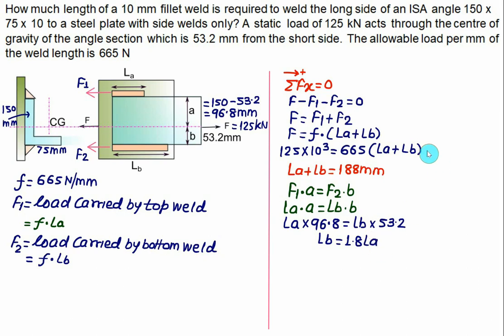So in equation 1, if I substitute LB as 1.8 times LA, we can find the value of LA. So we have LA plus 1.8 times LA equal to 188. In this case we get LA, that is the length of the top weld, close to 66.67 mm.